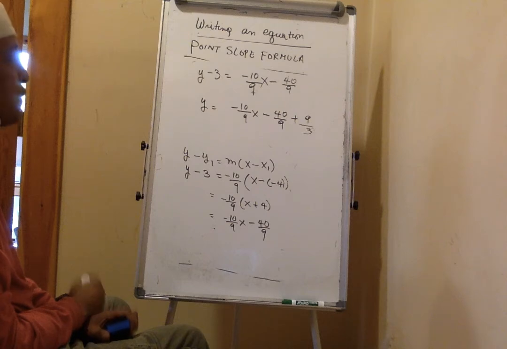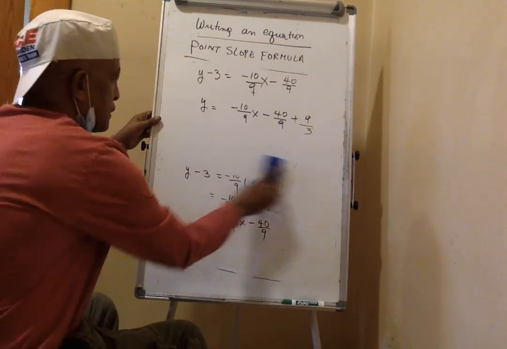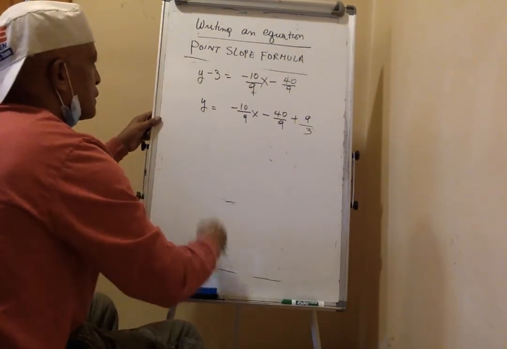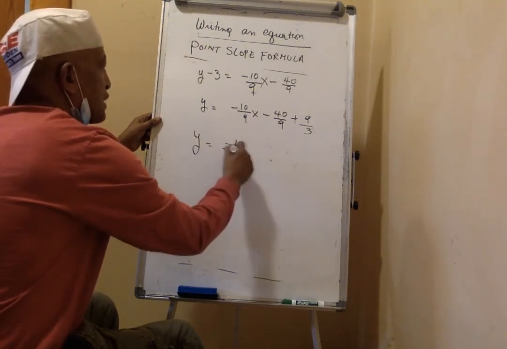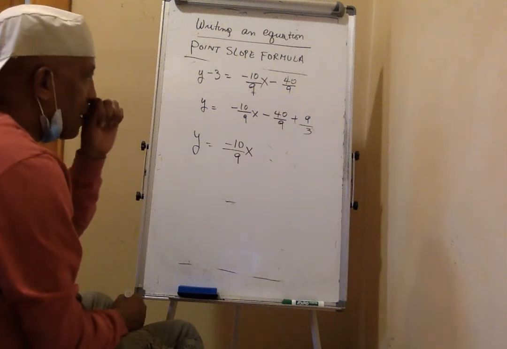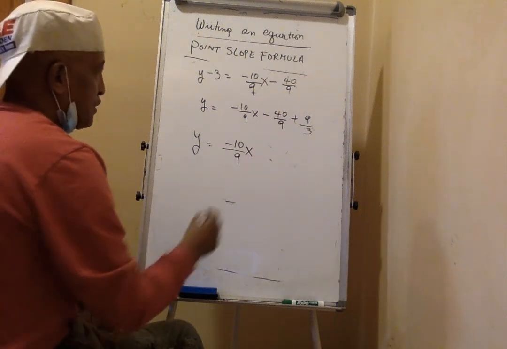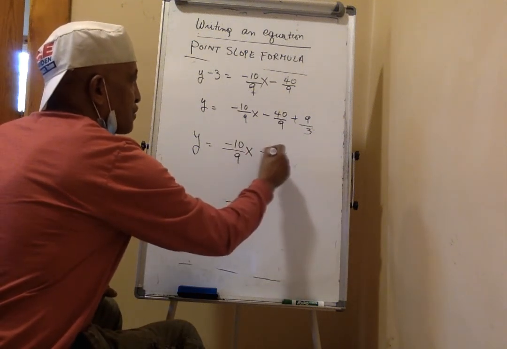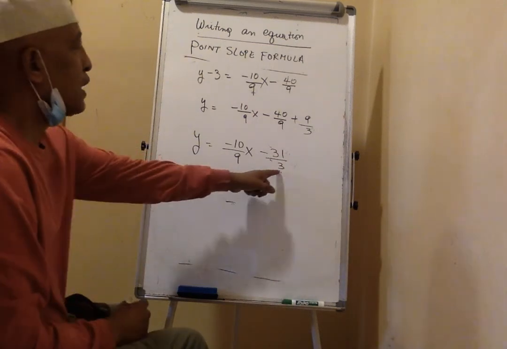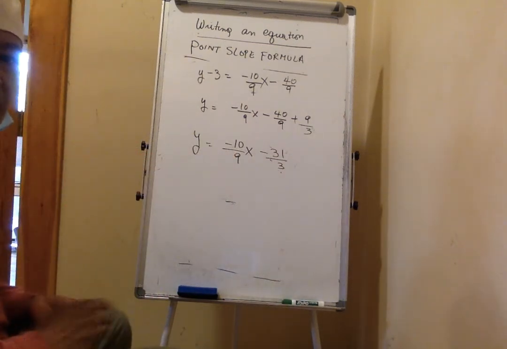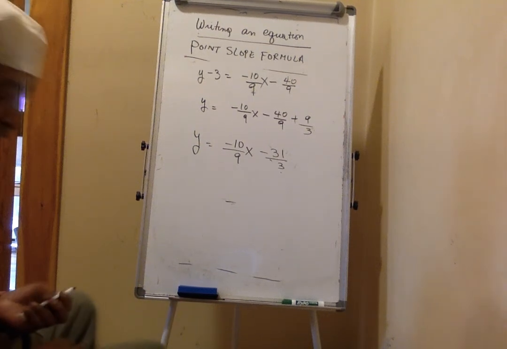Now combine the two terms. y is equal to minus 10 over 9x, and minus 40 plus 27 would give us minus 13 over 9. This is your y-intercept, and this is the slope. So it's pretty much straightforward.